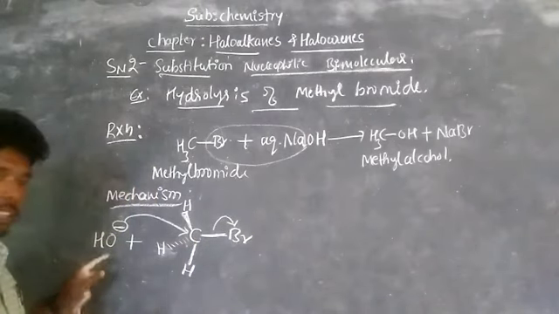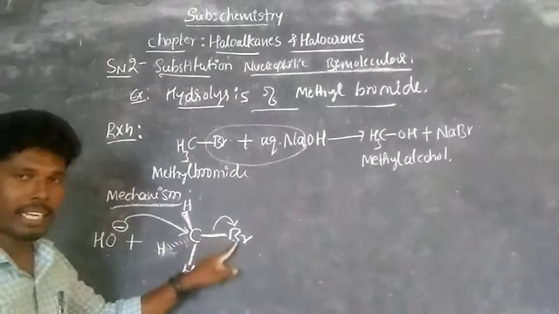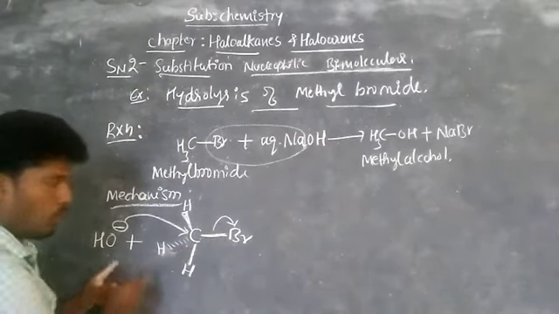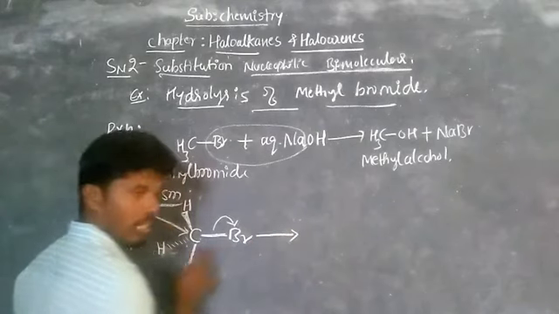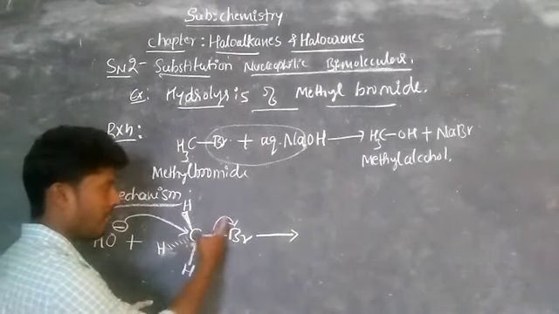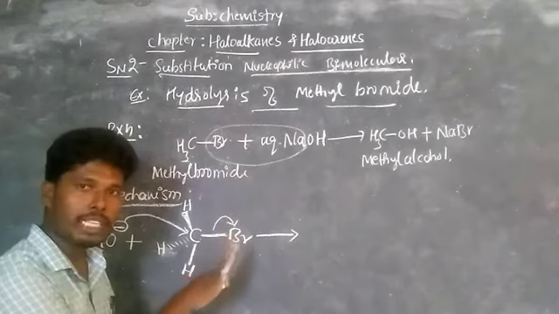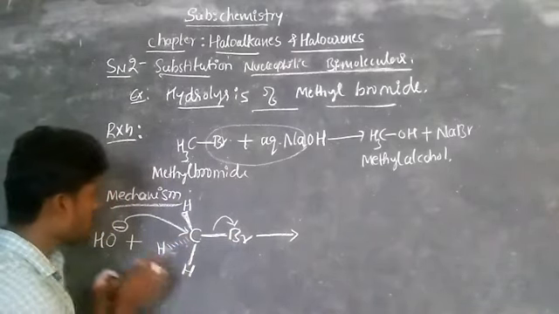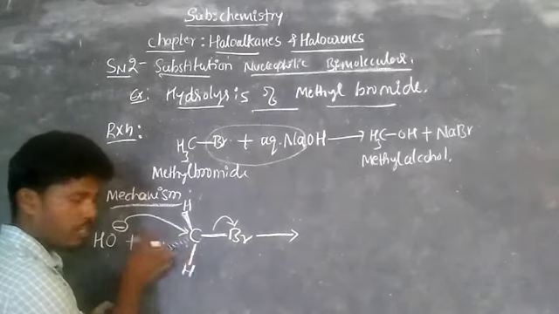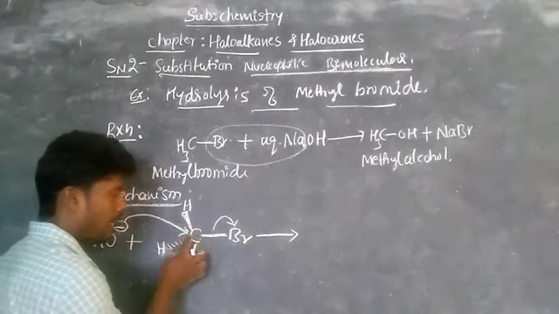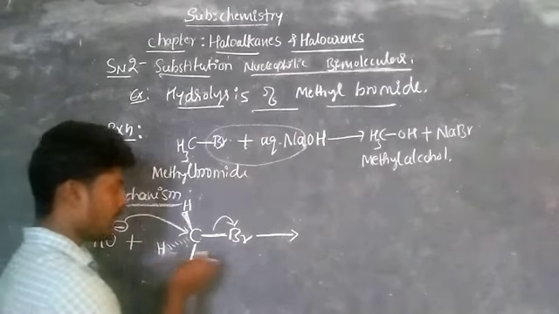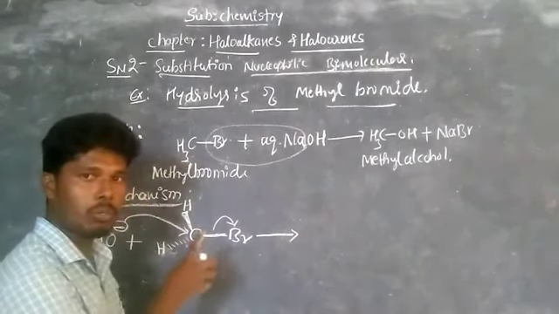And remember, the nucleophile will attack the back side of this leaving group. Therefore, the attack of this nucleophile and leaving of this bromide will not take place in a single step. It means slowly this OH and carbon bond is formed and the carbon bromide bond is slowly broken, meaning partially broken. So that is called intermediate or transition state.